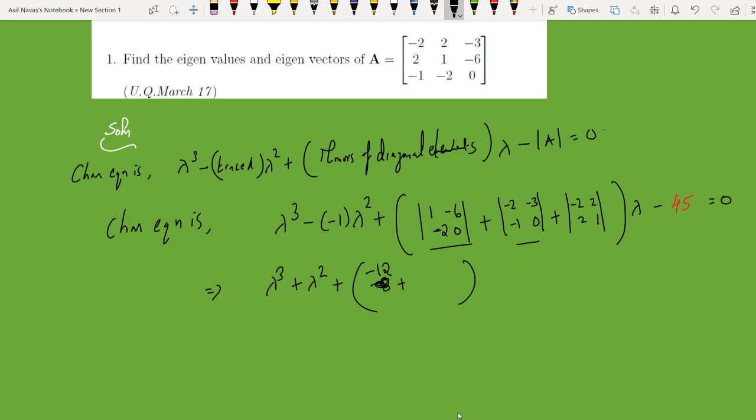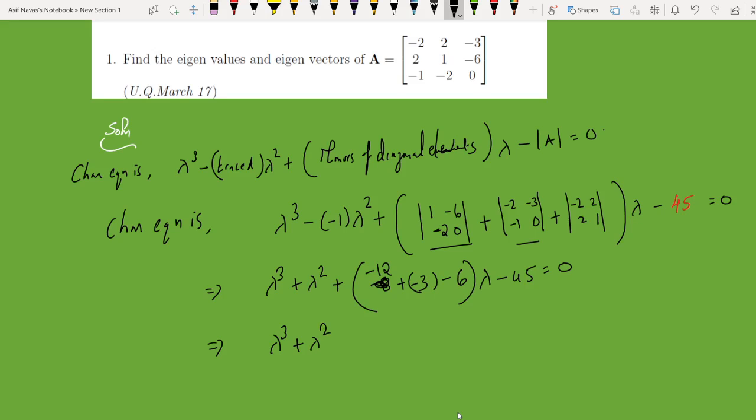Sorry, I made a mistake. Minus 12. Next one, minus 3. Next one, minus 4 minus 2, minus 6. So minus 12 minus 3 minus 6 is minus 21. Lambda minus 45 is equal to 0. So what is our characteristic equation? Lambda cube plus lambda square, and if you add this, what do you get?